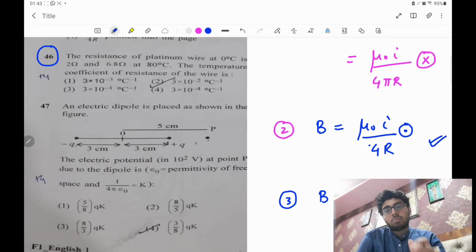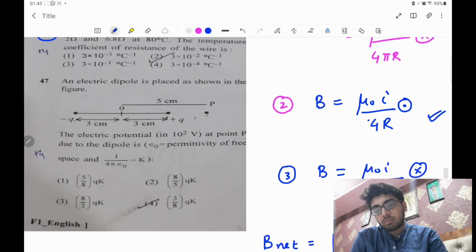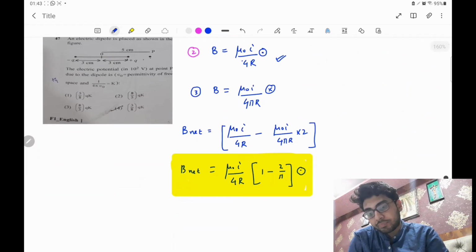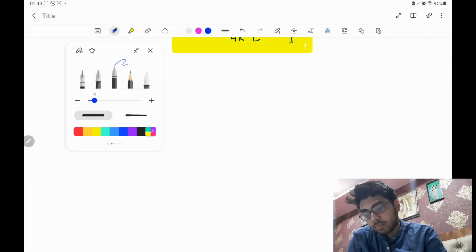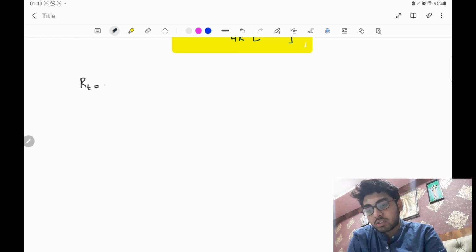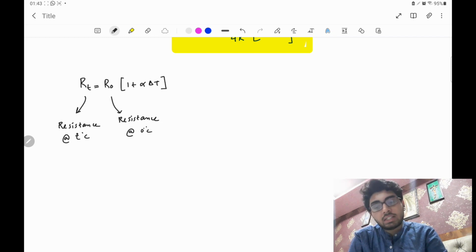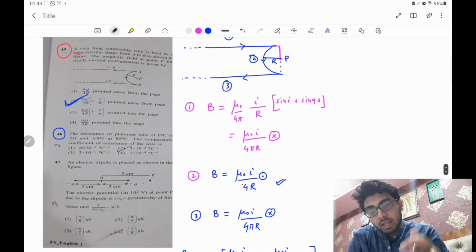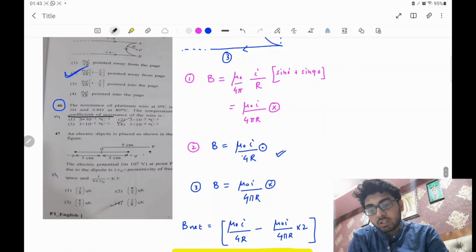The temperature coefficient of the resistance of the wire is, so you know probably this relation, that RT equals R naught into 1 plus alpha into delta T, where RT denotes the resistance at T degree Celsius, R naught denotes the resistance at 0 degree Celsius, and obviously alpha is, what is alpha, tell me, and we actually want the alpha in the question, so this is the coefficient of resistance of the wire.